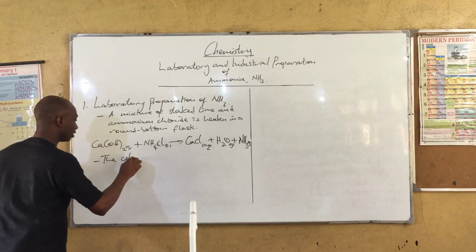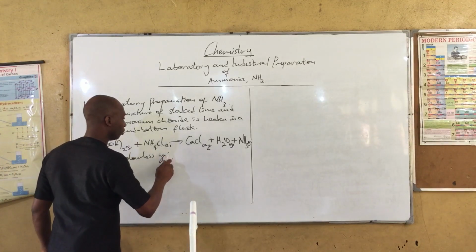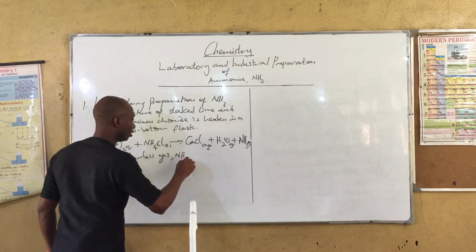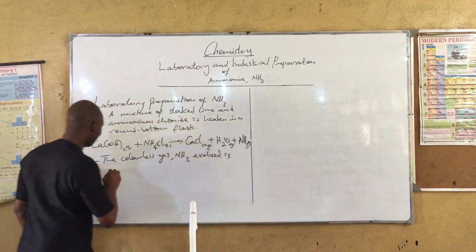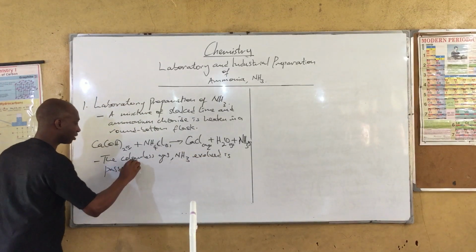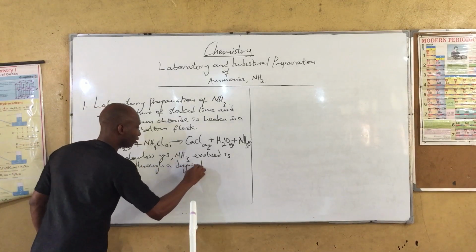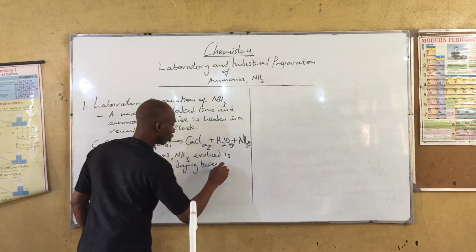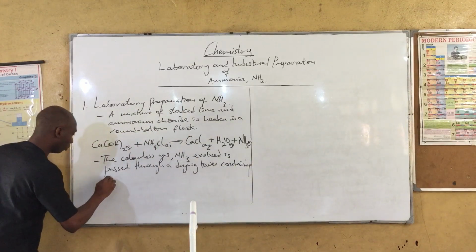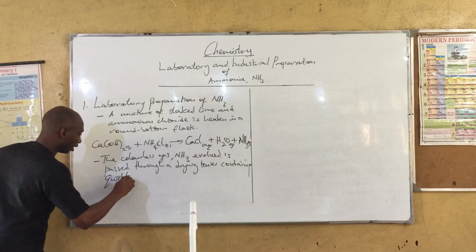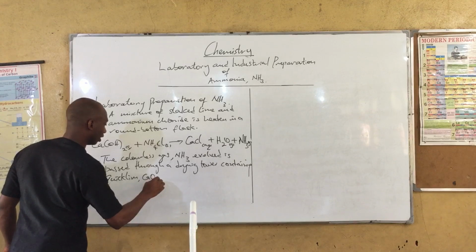Then the colorless gas evolved, which is ammonia, is passed through a drying tower, which must contain the drying agent, which is quicklime, that is calcium oxide, to dry the gas.